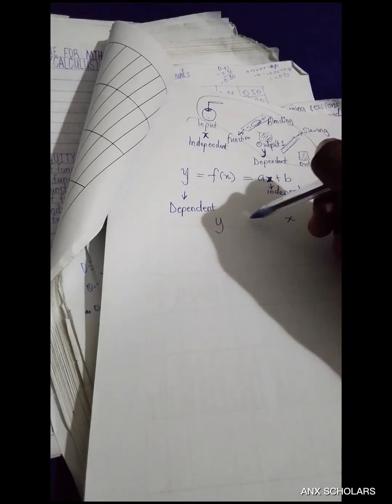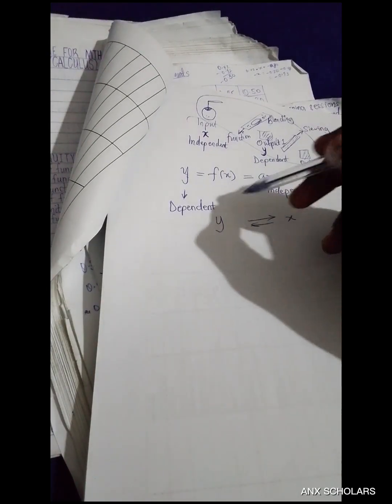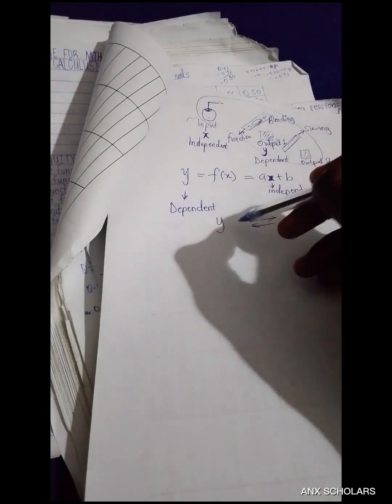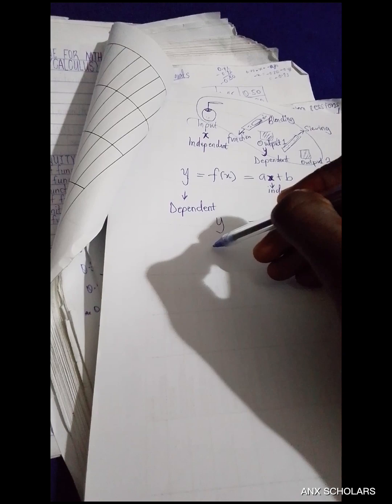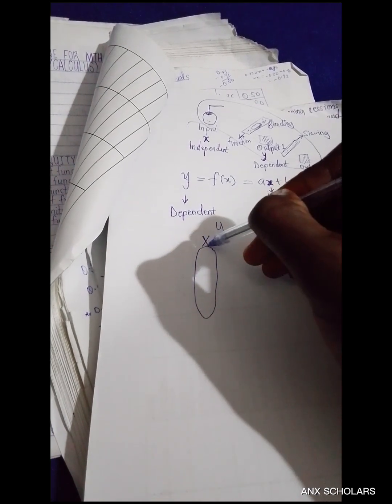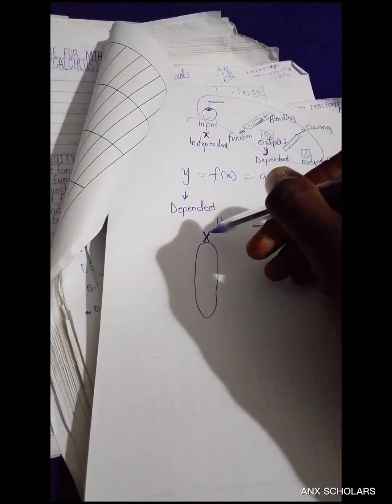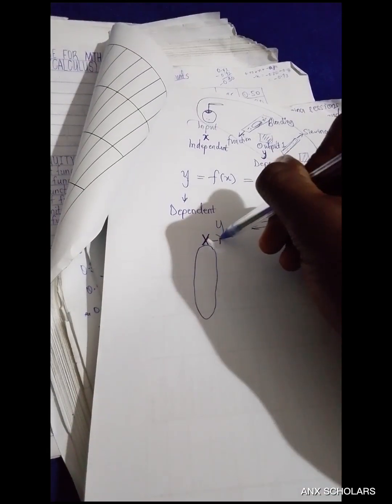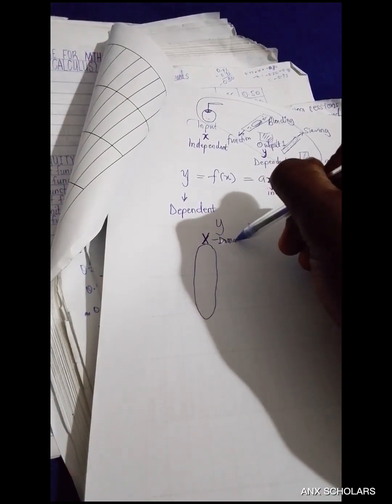So it's just the relationship we are looking at. And importantly, very important, now we have what we call the domain, and we have what we call the codomain.